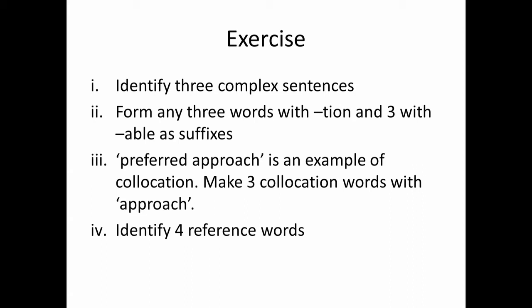You have already done suffixes and prefixes. Look at the phrase preferred approach, an example of collocation. Make 3 collocation words with approach. Use the right kind of word before approach so that it collocates well. You may use your dictionaries, of course, and identify 4 reference words.